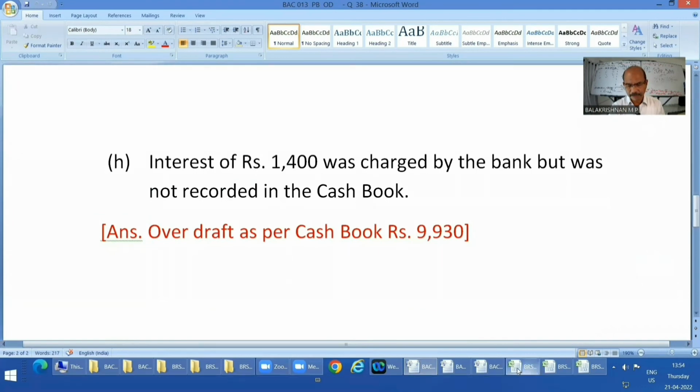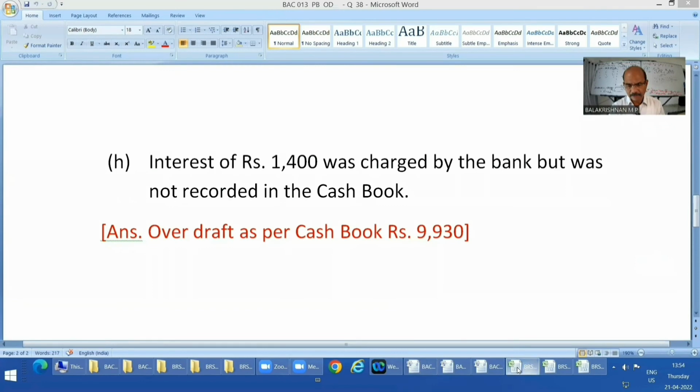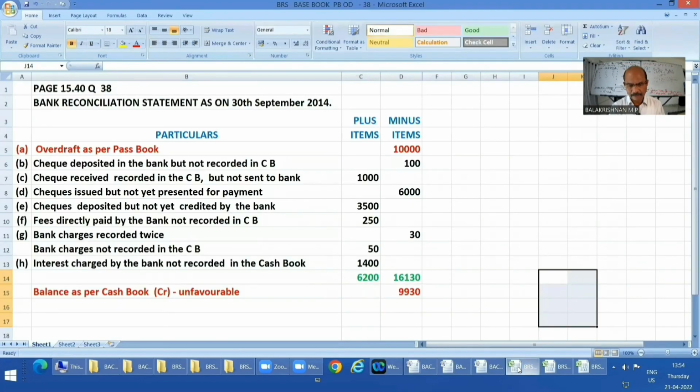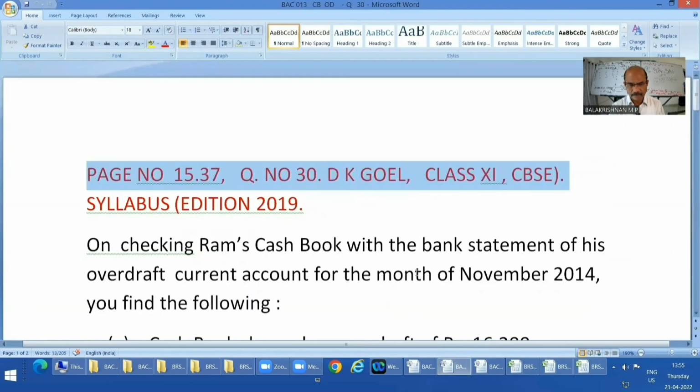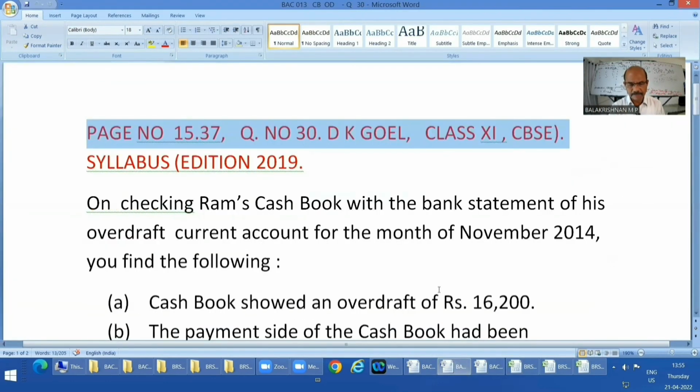And the corresponding answer. Question number 30.